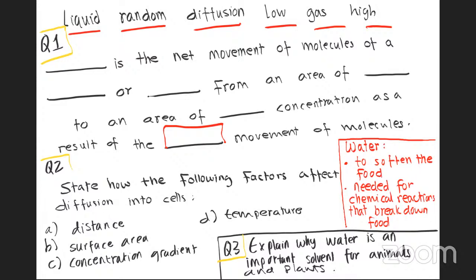All right, question 3. This is for digestion. You should talk about how water is needed for chemical reactions. So cytoplasm is 75% water. This is just digestion, but the extra notes will be like that.